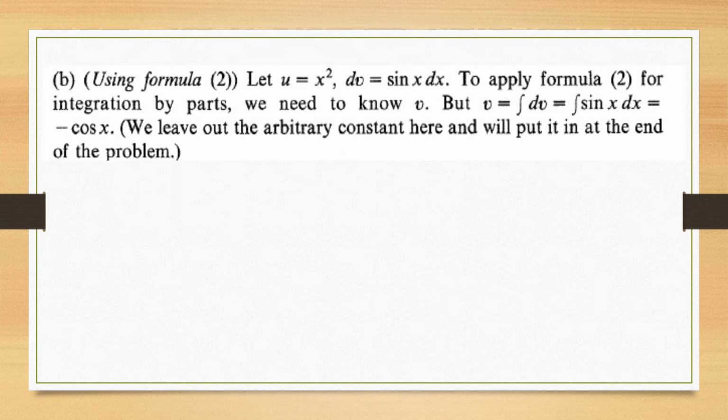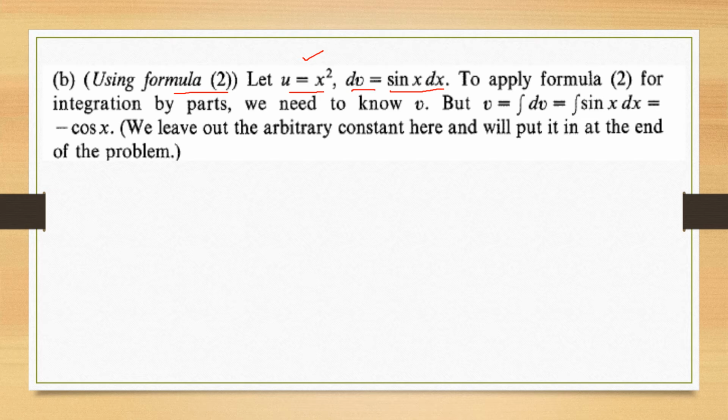Let's see the second part. Let u be equal to x squared. The second, short formula is used here. u is equal to x squared and dv is taken as sin x dx.